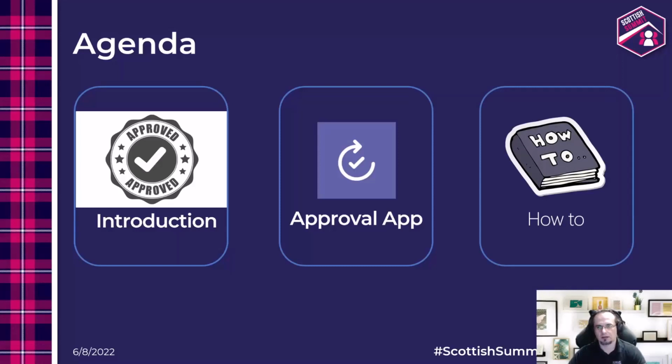And then the biggest part, the how-to: a demo about the approval application, how to create approvals, work with approvals, and integrate approvals with different types of apps in Teams. So without further ado, let's start.